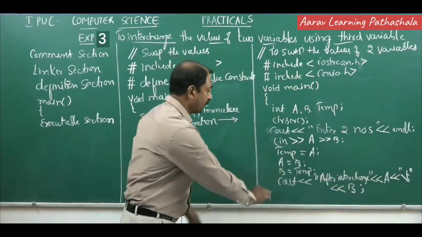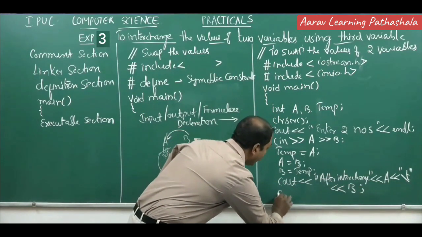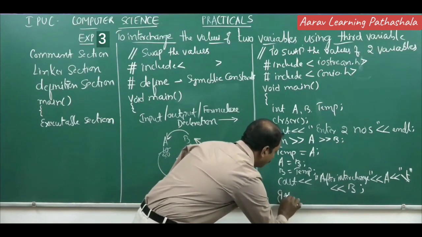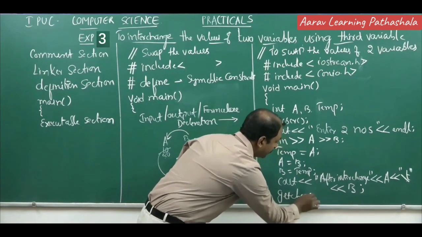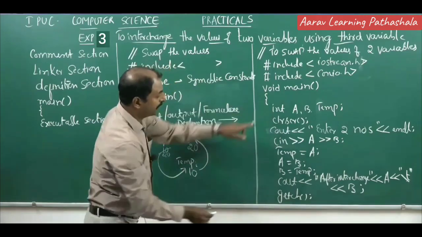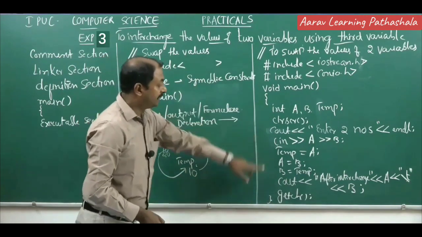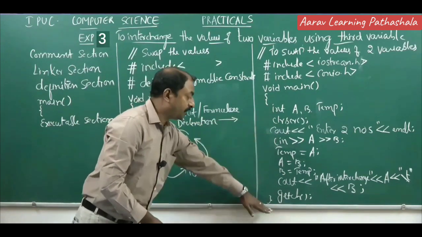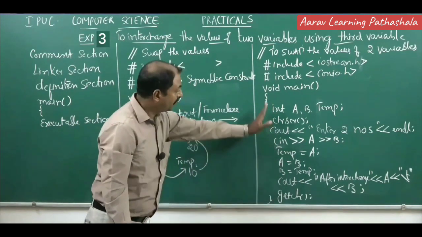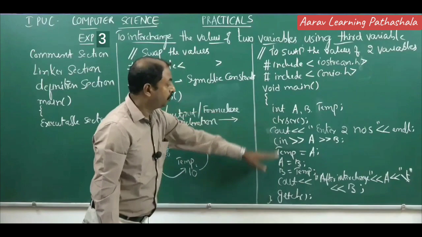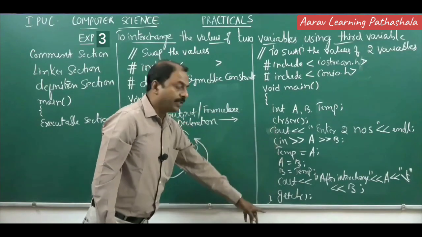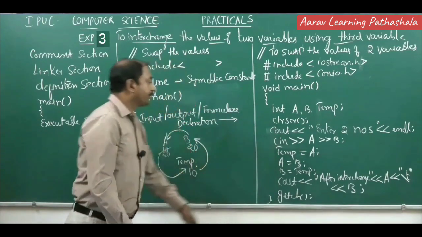So here after this we have to close the program with the getch function, semicolon. After this we have to close this curly bracket. So this is the executable section, or the programming statements. These statements will be executed one by one by the compiler.